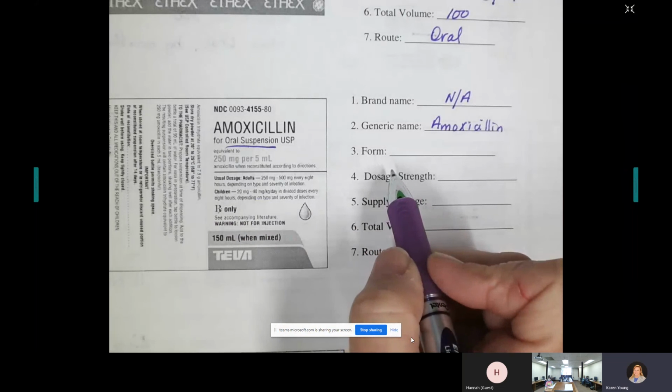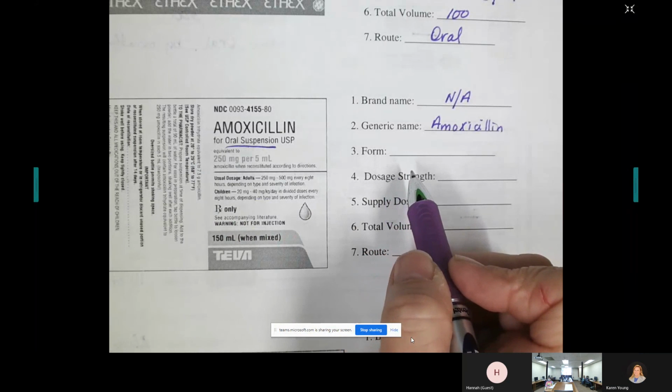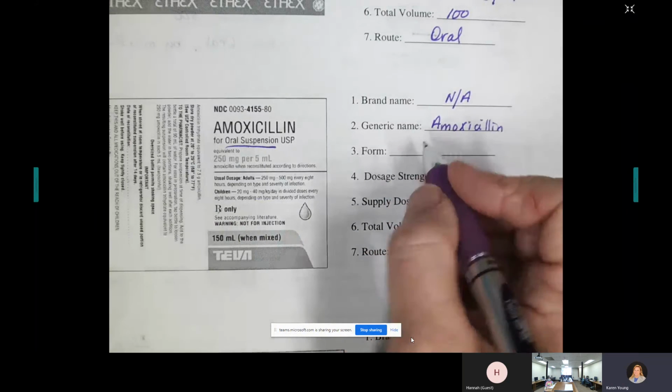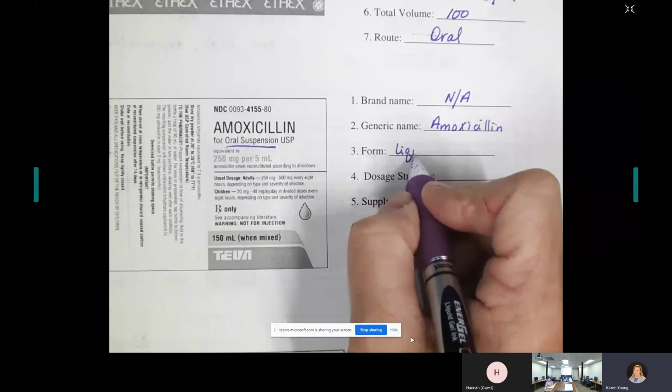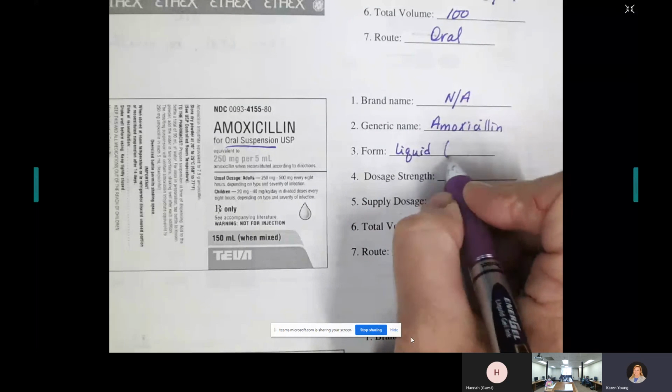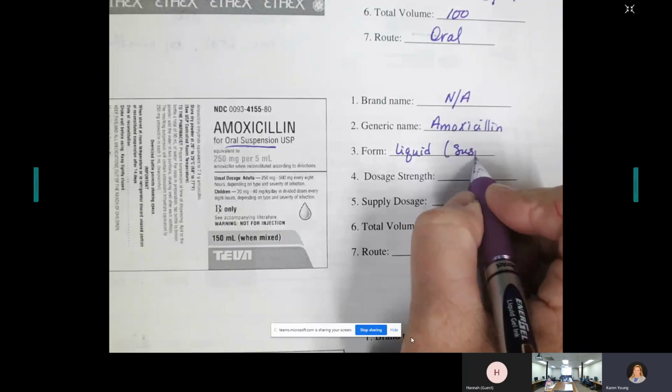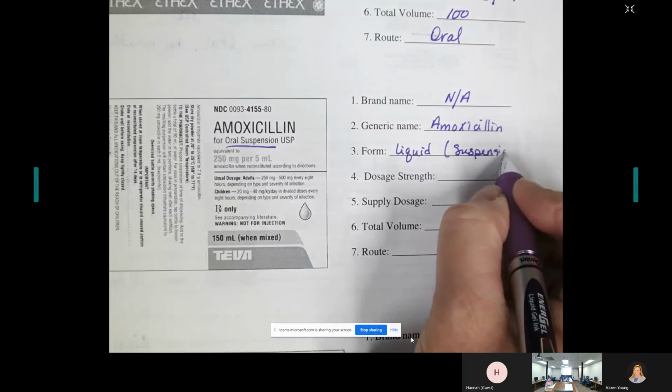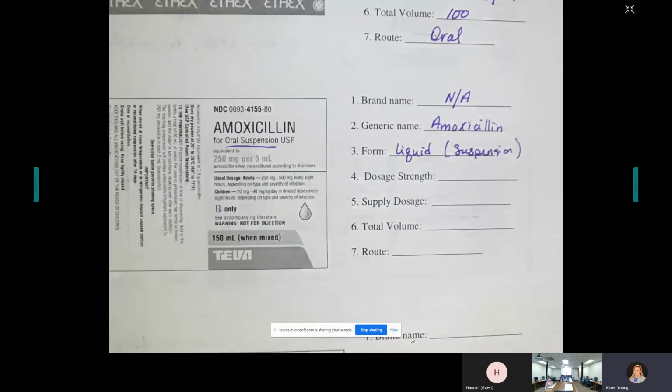So what's my form? I could use liquid or I could use suspension, because a liquid suspension or an oral suspension is thicker than just some liquids.